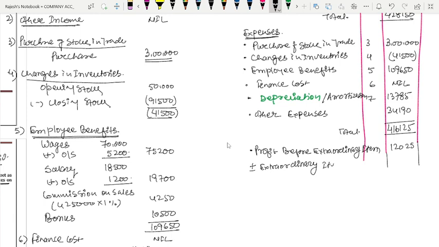There is no extraordinary item in the question. This becomes profit before tax.